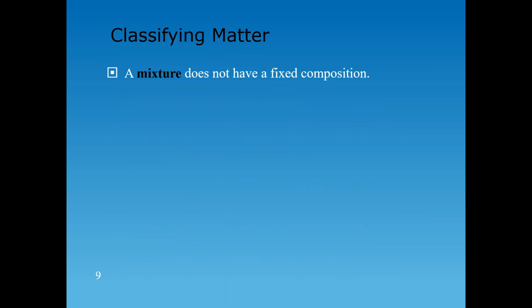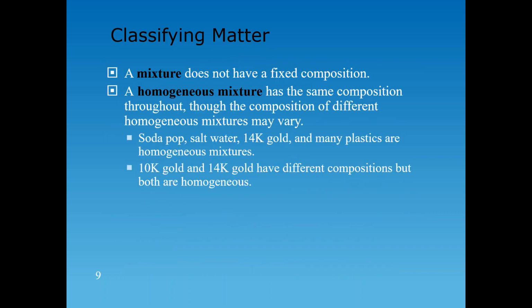Okay, so let's move on now to a discussion of mixtures. Now, one big difference between a mixture and a compound is that, unlike a compound, the composition of a mixture is not fixed, all right? But let me just say first what a mixture is. A mixture is basically a physical combination of two or more substances, right?